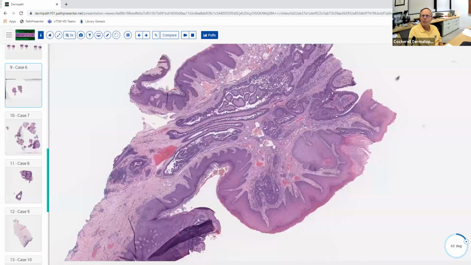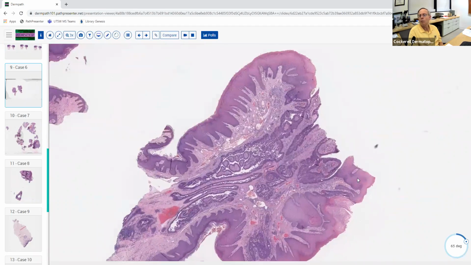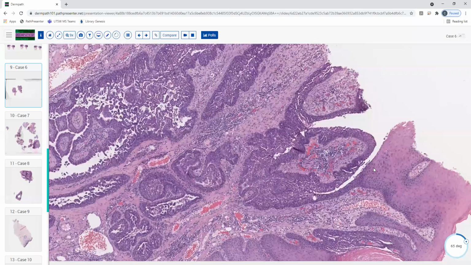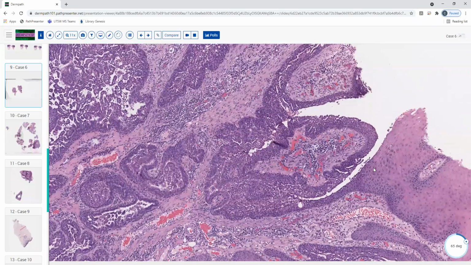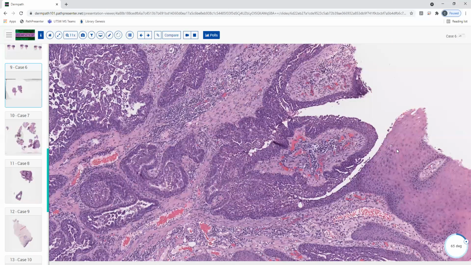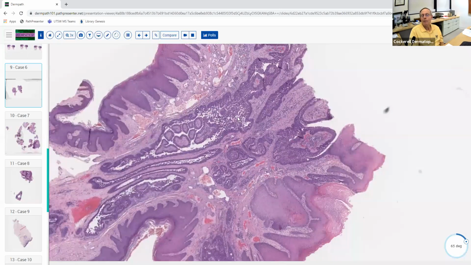What else helps you to distinguish between hidradenoma papilliferum and Syringocystadenoma papilliferum? Yeah, for the Syringocystadenoma papilliferum, usually you see it opening to the surface. Do we see that here? Yes, we do. We see it right here. Good. And then you're right, hidradenoma papilliferum is usually in the vulva.